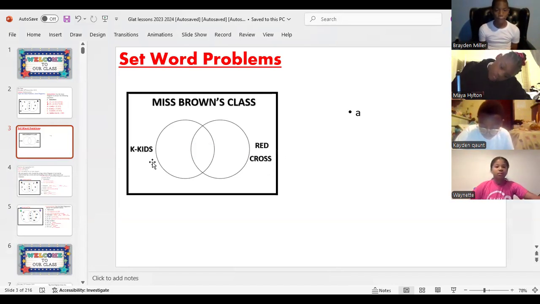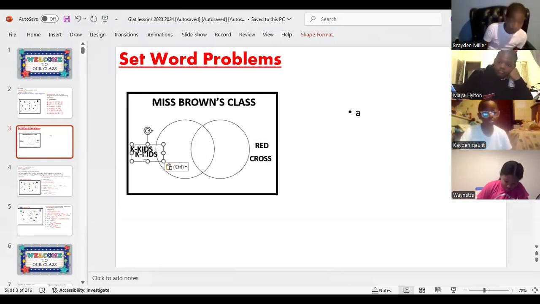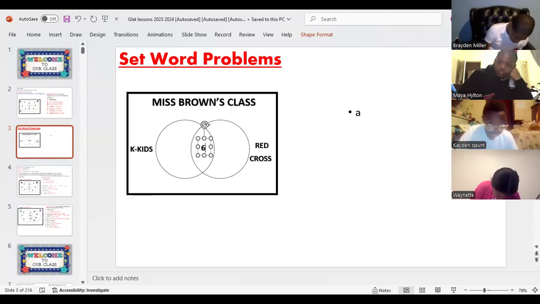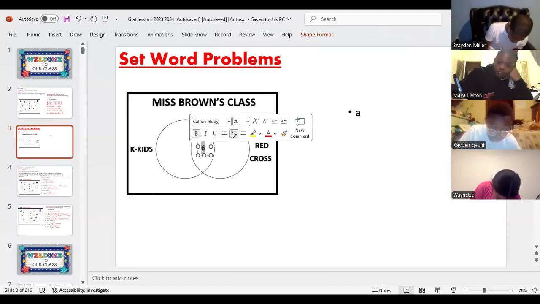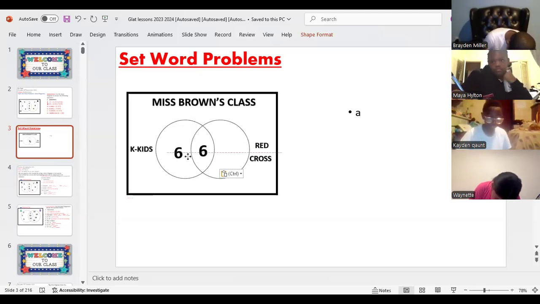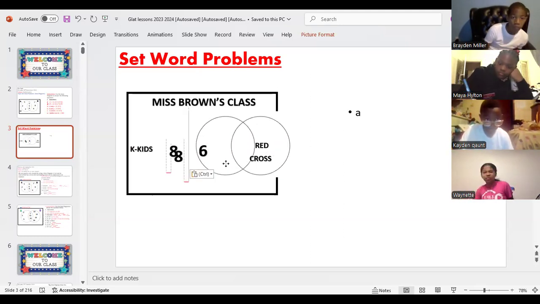So we have K Kids and Red Cross. And in the middle is, say, 6. Let me enlarge this. And on the side is 8, and on the other side.